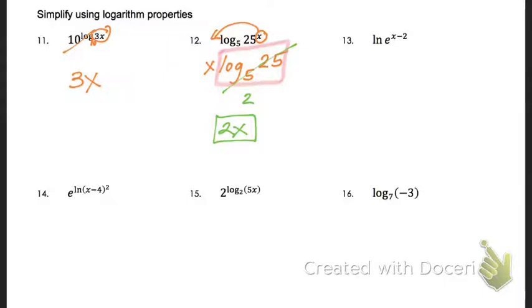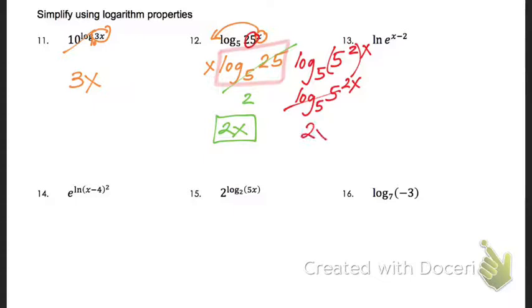Another thing that I could do is rewrite this as log base 5 of 5 squared to the x. So all I did is I replaced this 25 with 5 squared, which then becomes 5 to the 2x.